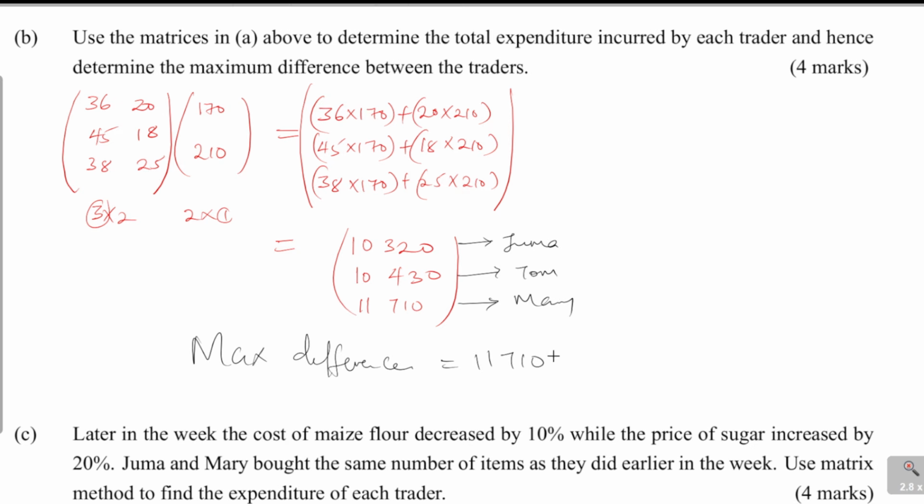That is how you get the maximum difference, by taking the highest value, subtract the lowest. The lowest is 10,320. And this one will give 3090.